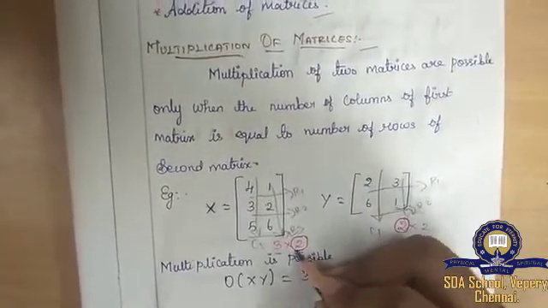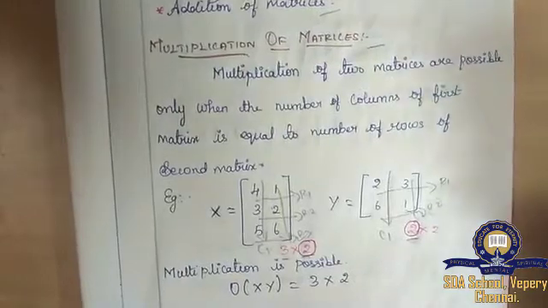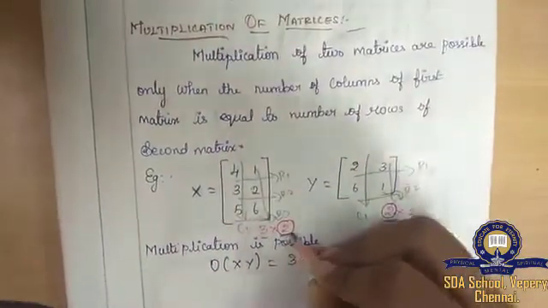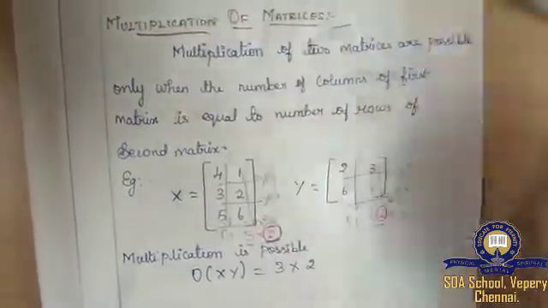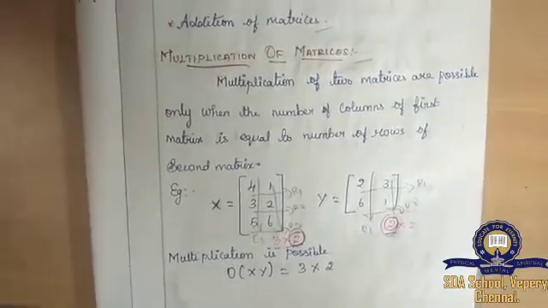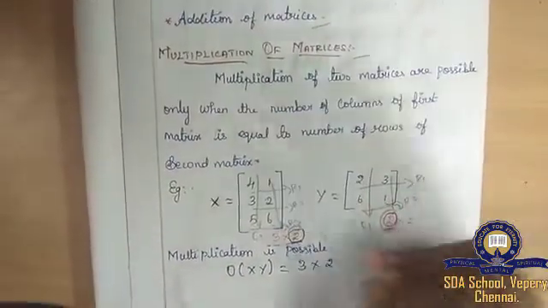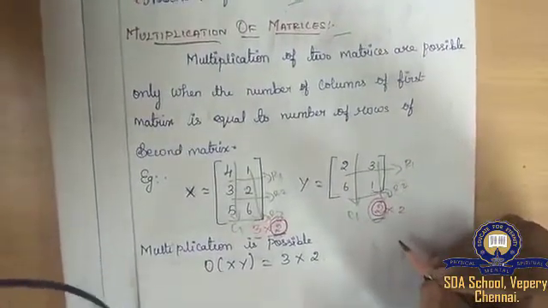So the column of the first matrix should be equal to the row of the second matrix. Again, let me tell you, the column of the first matrix is equal to the row of the second matrix, which is nothing but the numbers in between these two matrices being the same. Then the matrix multiplication is possible.